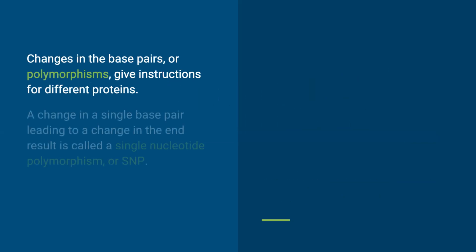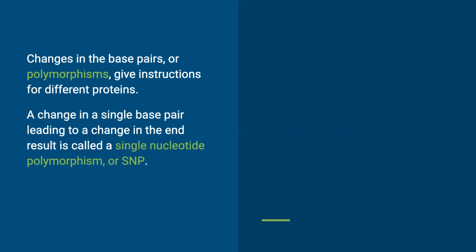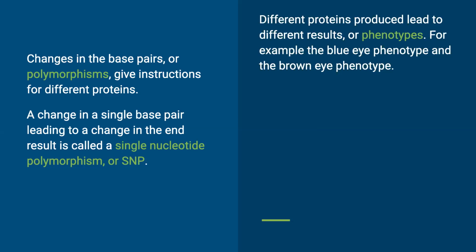Now, changes in those base pairs are called polymorphisms, and they give instructions for different proteins. So changing a single base pair leading to a change in the end result is called a single nucleotide polymorphism, or a SNP. Okay, that's the last time I will say that whole thing.